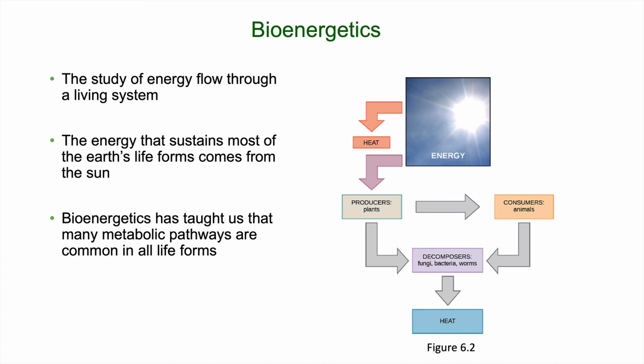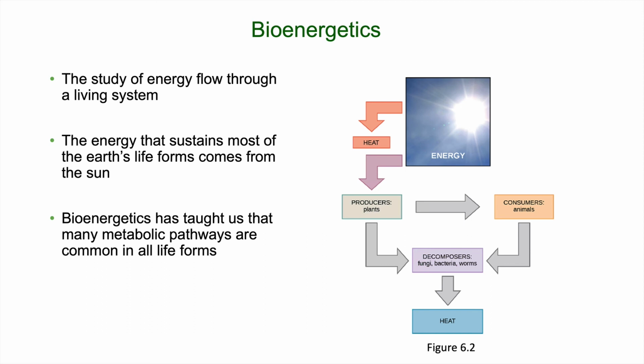And again, in our world, most of the energy that sustains life comes from the sun. There are a few other sources. There's geothermal activity, and there's organisms who can get energy from non-organic compounds like iron or nitrate or sulfate. But the vast majority of life, ultimately, its energy is coming from the sun.